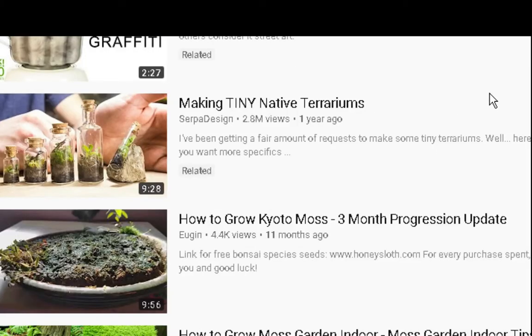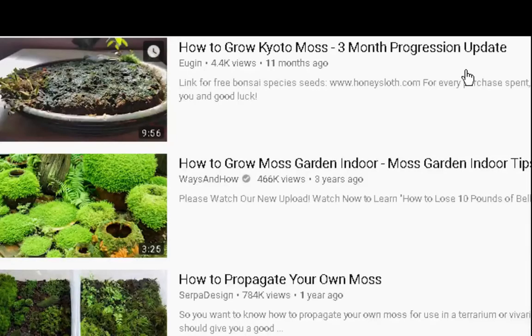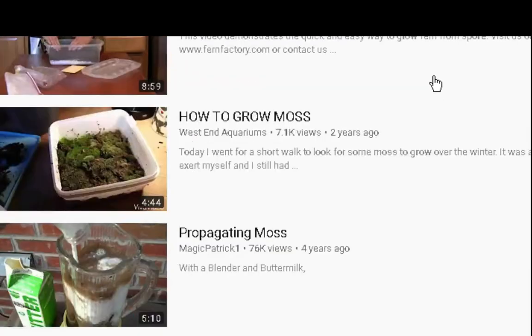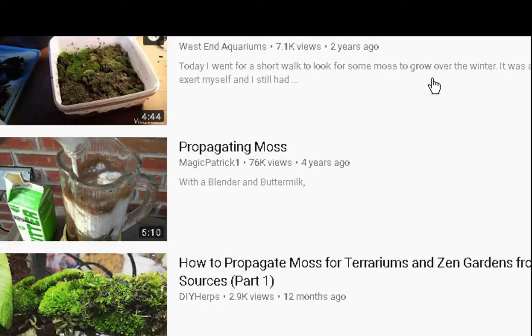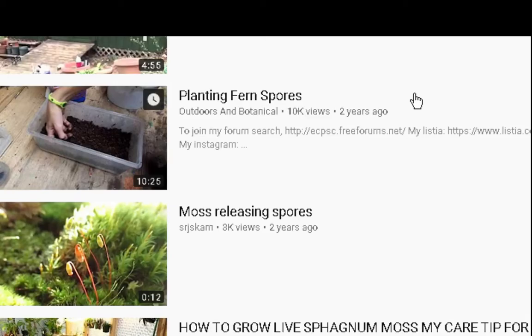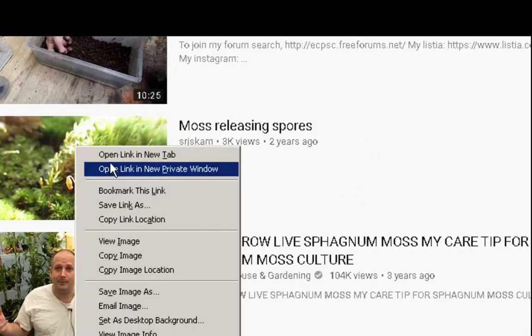Making tiny native terrariums. I thought there was another video that I watched. How to grow moss. How to propagate moss. Moss releasing spores. Ooh, here we go.